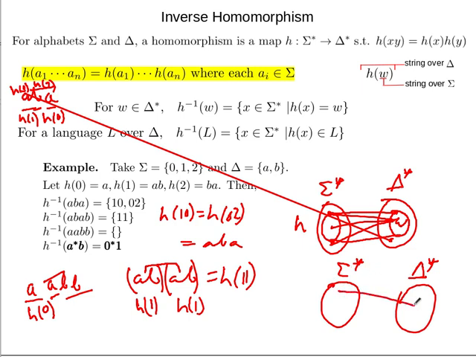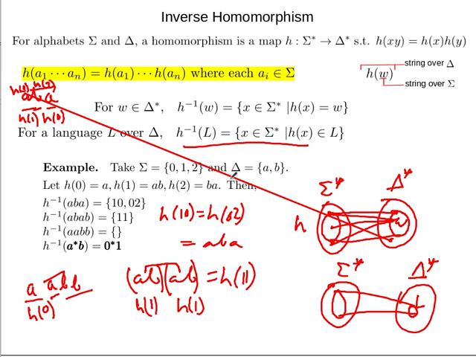So some set here maps to this L, right? So now what is this thing? This is just H inverse of L, which is defined like this: all the x's in sigma star such that H of x is in L. So this is the standard definition.